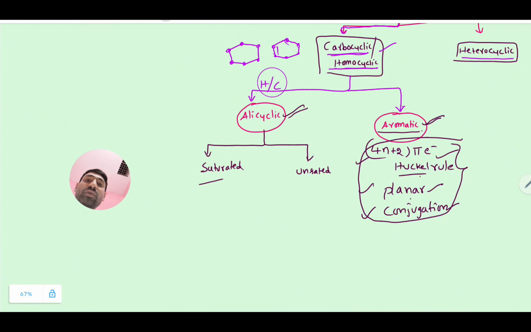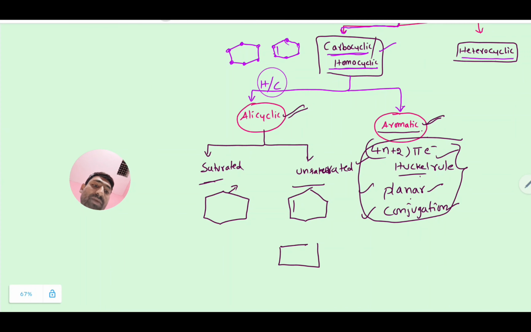These are again two types, saturated and unsaturated. A cyclic compound with hydrogen and carbon only with single bonds is called a saturated hydrocarbon. A cyclic compound with hydrogen and carbon only with double or triple bonds is called an unsaturated hydrocarbon.